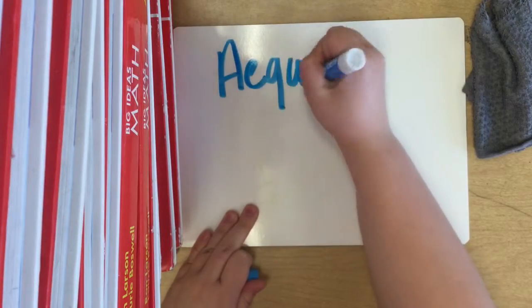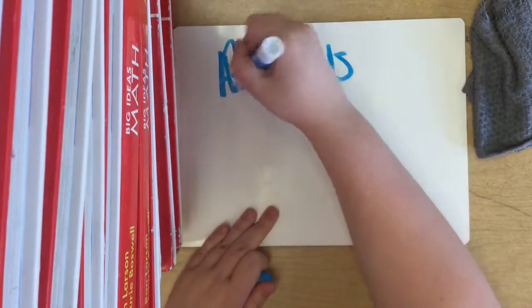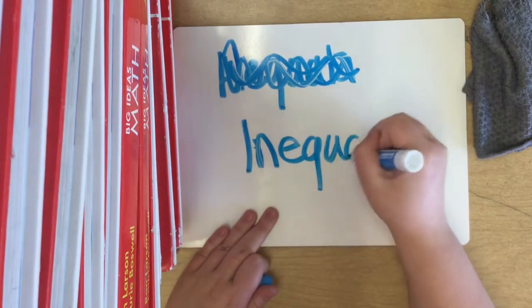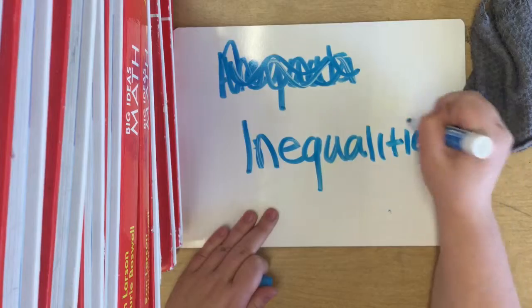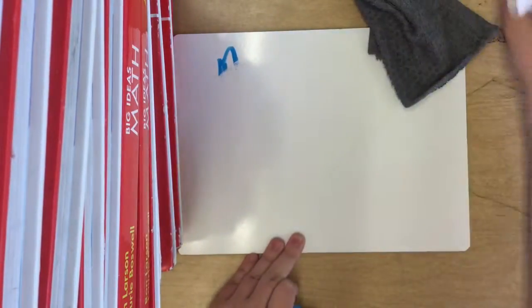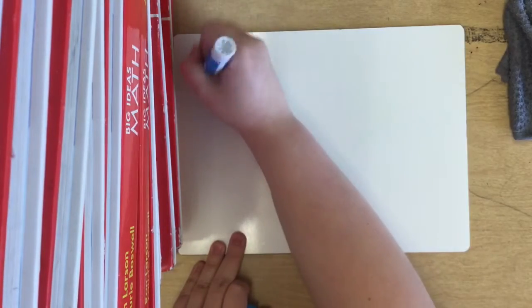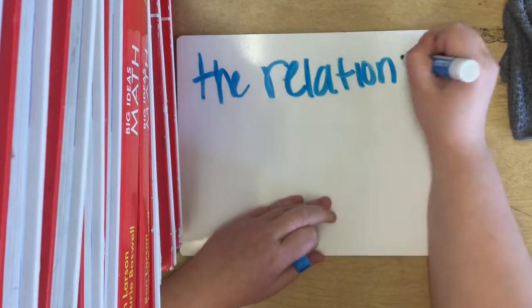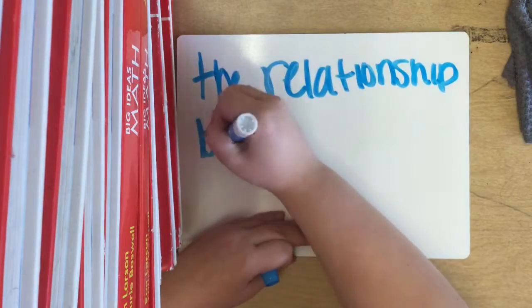Beginning of time, we called them A equals. But we didn't like that, it's too fancy. Now we call them inequalities. So an inequality is the relationship between two expressions.